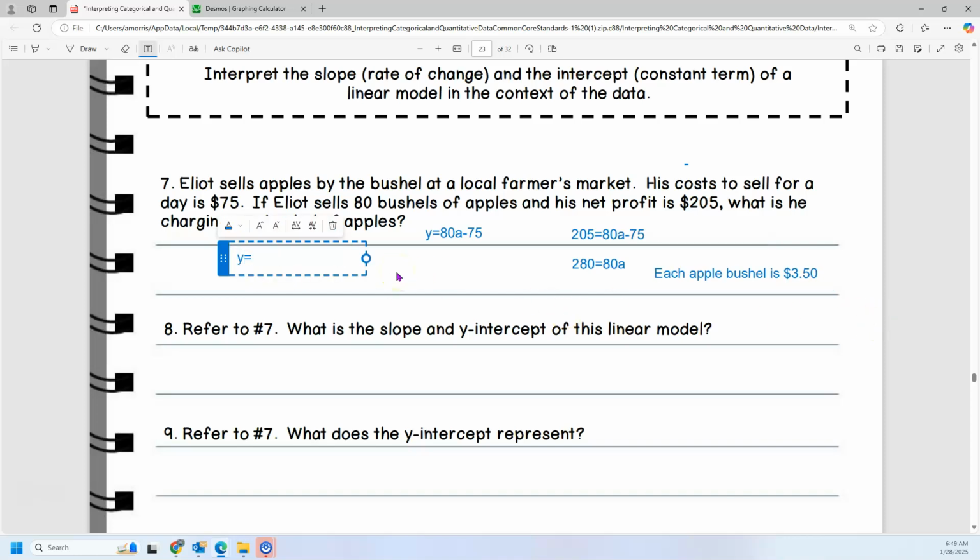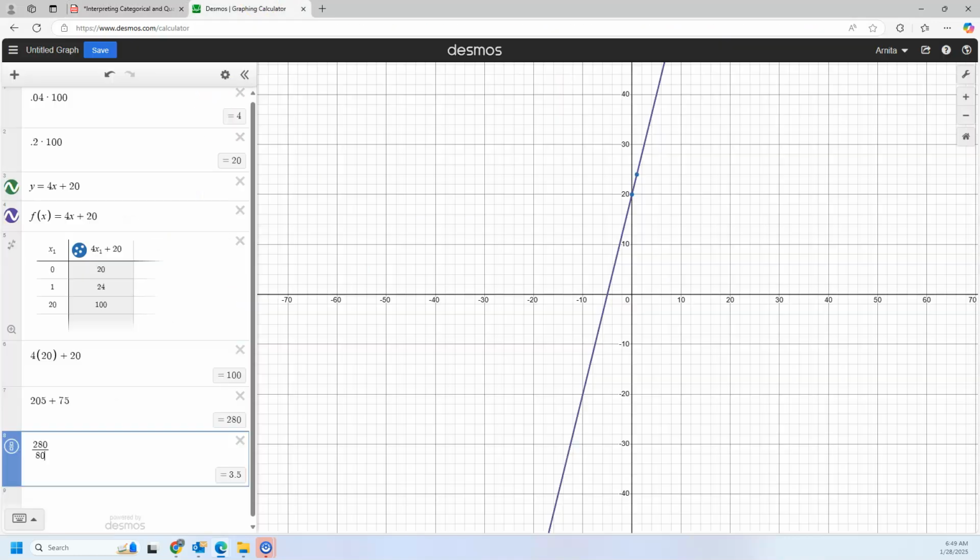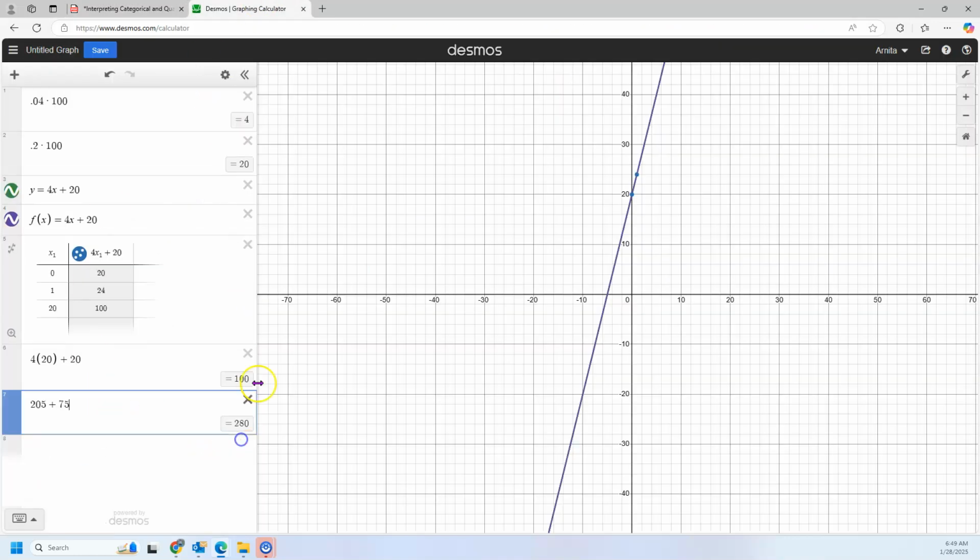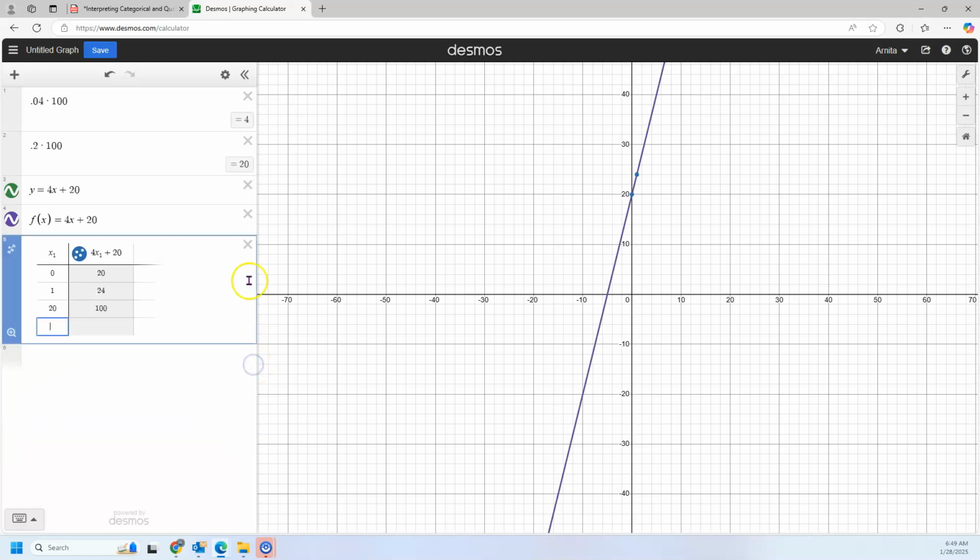Y equals 3.5, okay, minus 75, okay? So then I know, like, it costs 3.5, right, for each apple, right? But I'm not going to make any money until I sell these, like, till I make at least 75.